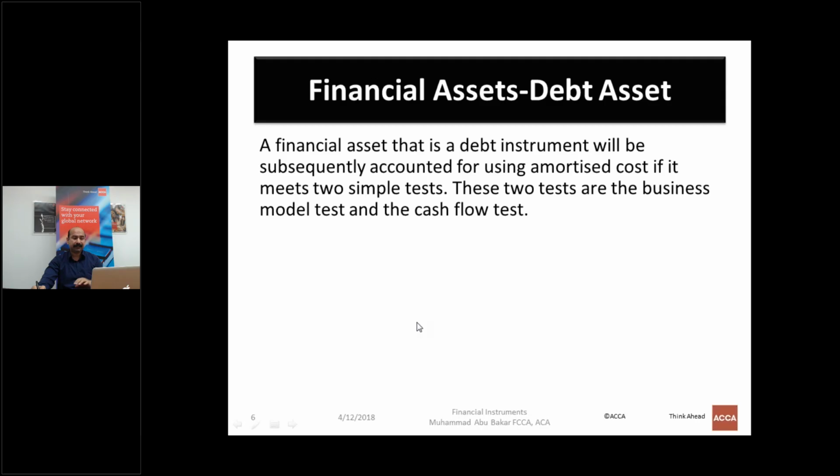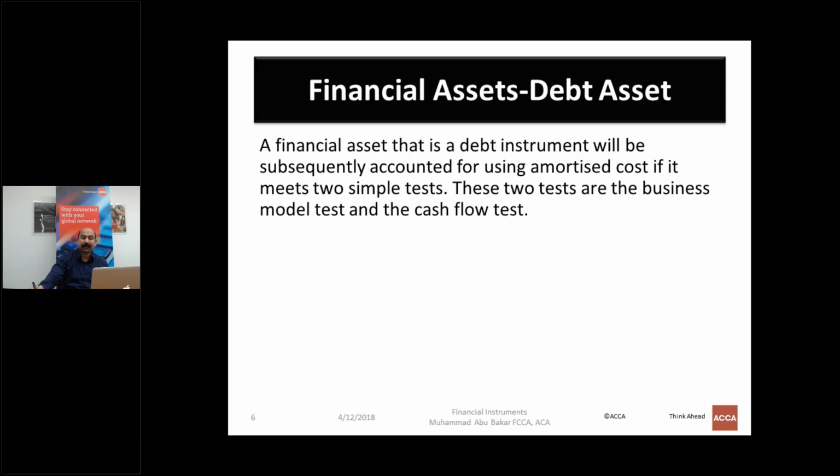A financial asset that is a debt instrument will be subsequently accounted for using amortized cost if it meets two simple tests. These two tests are the business model test and the cash flow test. If your financial asset satisfies these two tests, then that financial asset will be measured at amortized cost. What are these tests?